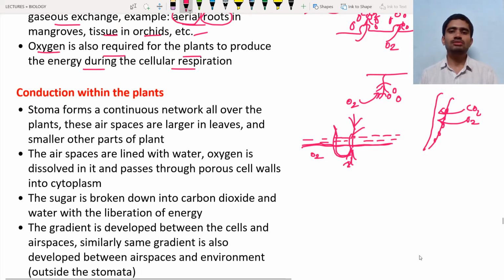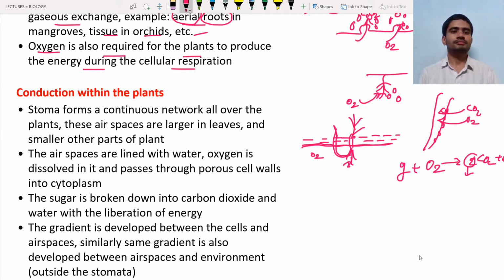Hence the plant has to depend on cellular respiration, where glucose plus oxygen is consumed to produce energy, carbon dioxide and water. This energy will be utilized by the plant. Why? Because the plant has to survive, irrespective of daytime and nighttime, so they are going to do photosynthesis or respiration depending upon the condition of the day.